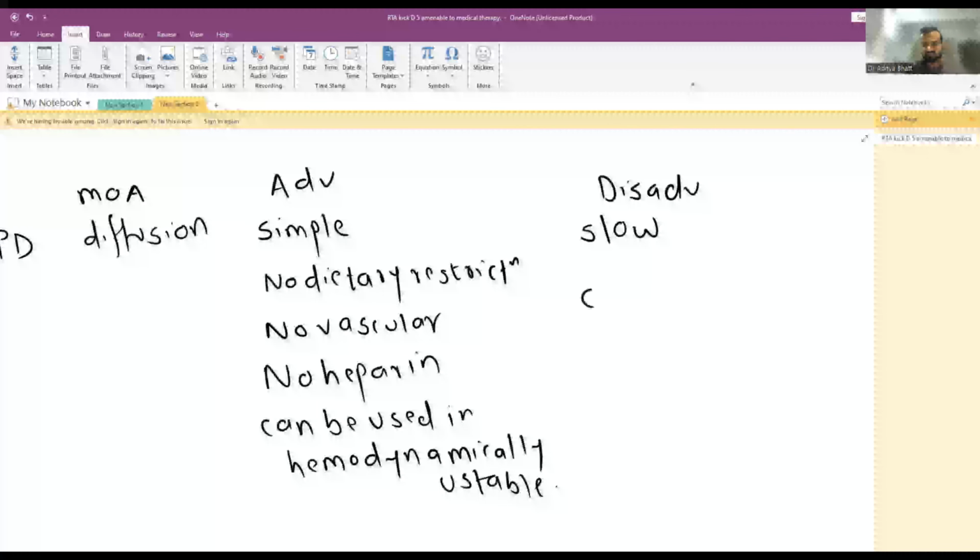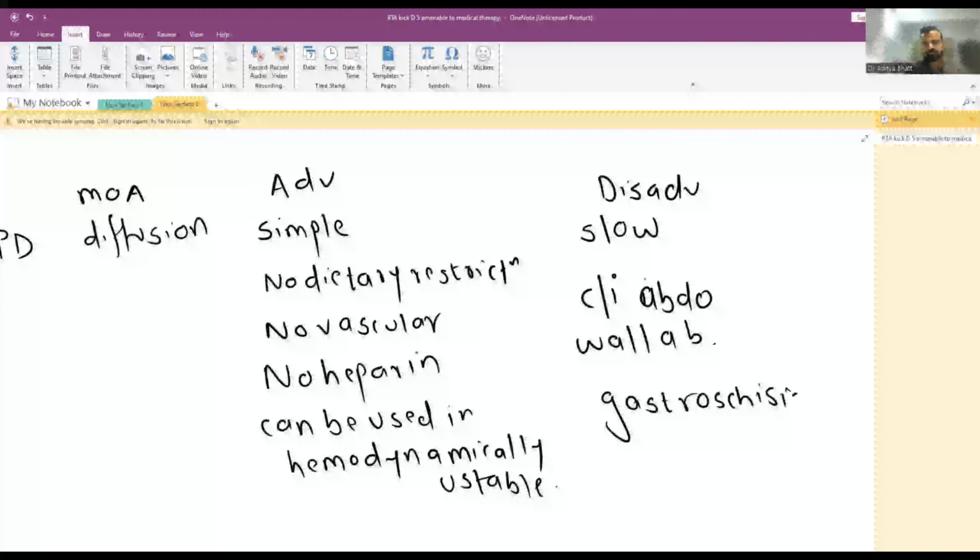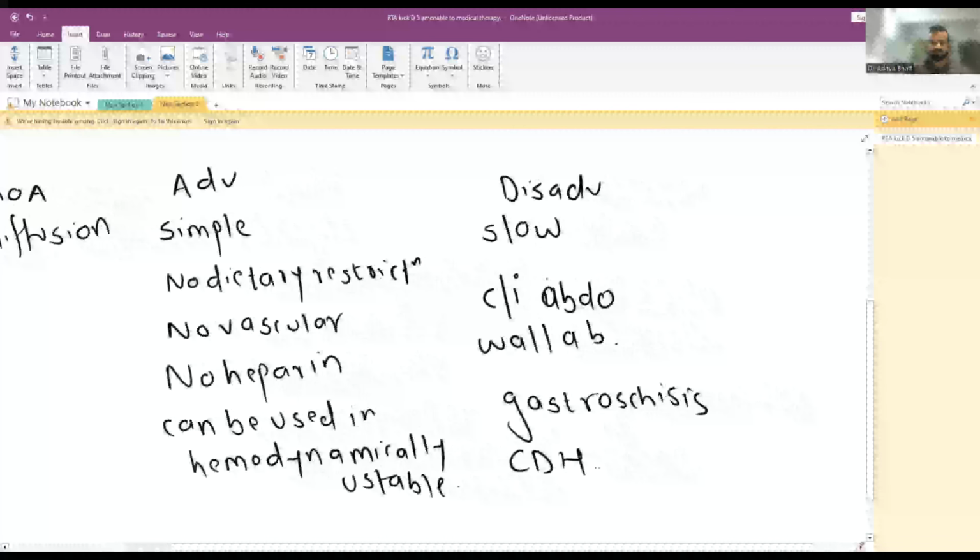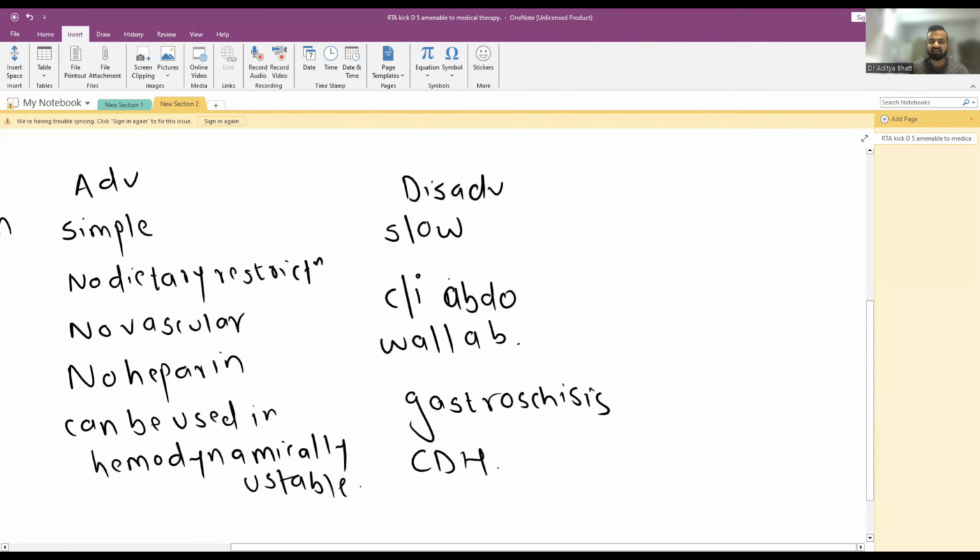Second, it is contraindicated in abdominal wall abnormalities, like a patient with gastroschisis or congenital diaphragmatic hernia, where you expect the abdominal wall might be compromised. Then you have a very bad setback if you put this in.